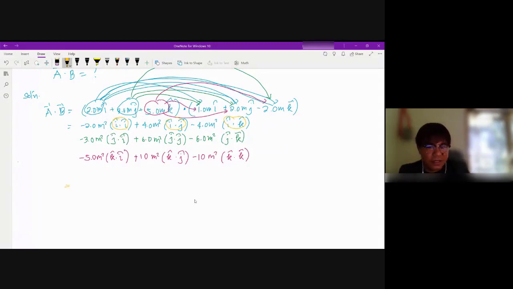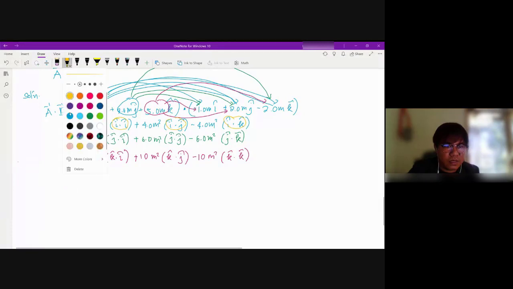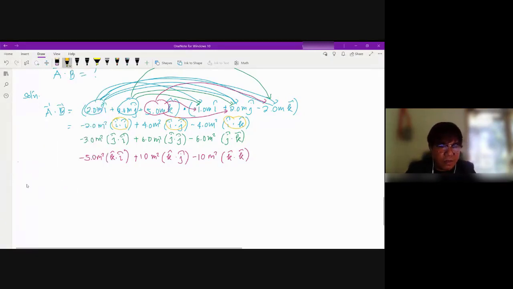So now, remember the definition of the scalar product: A dot B is the magnitude of A and the magnitude of B times the cosine of the angle between the two, right?